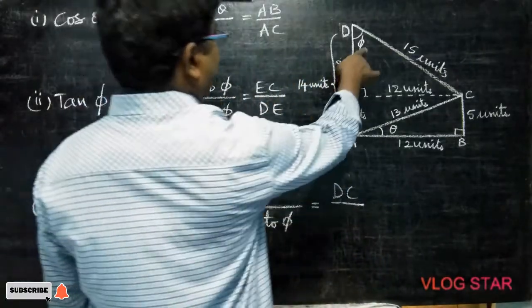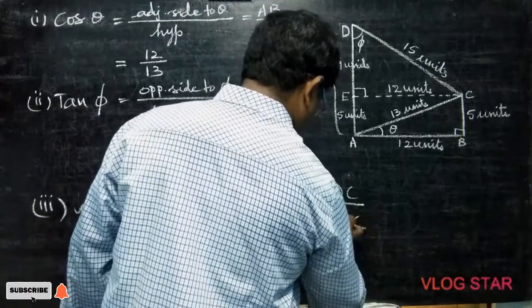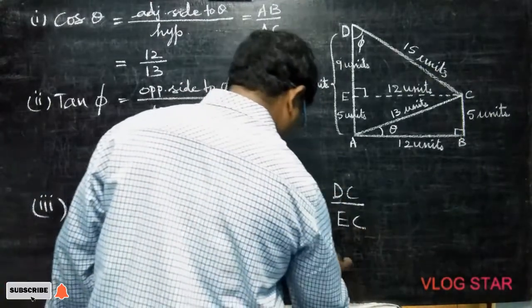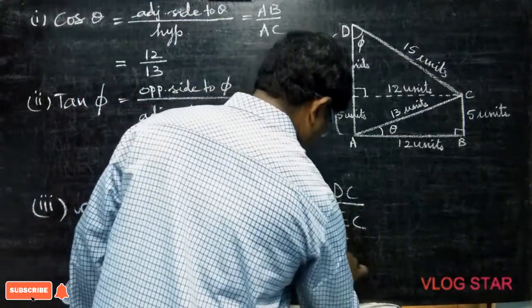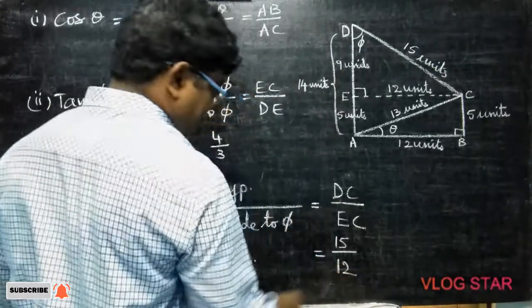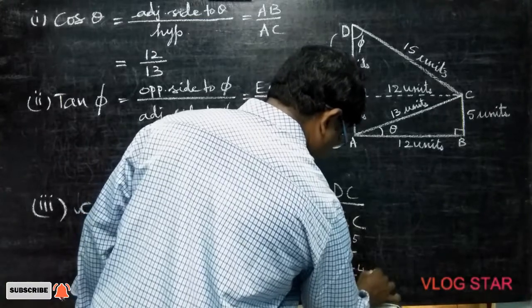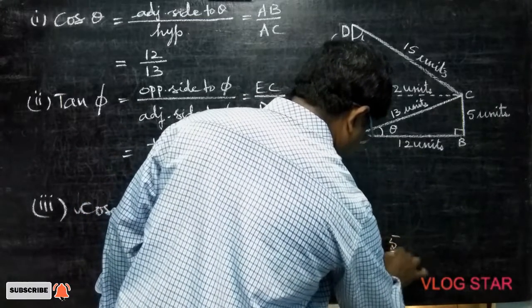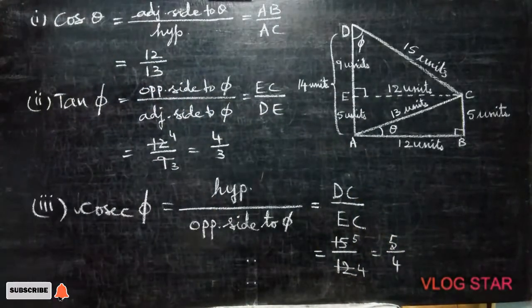And opposite to phi is EC. That is equal to DC 15, EC 12. Here also 3 table. 3 goes here 5 times, 3 goes here 4 times. So 5 by 4. What they asked, we got those values.